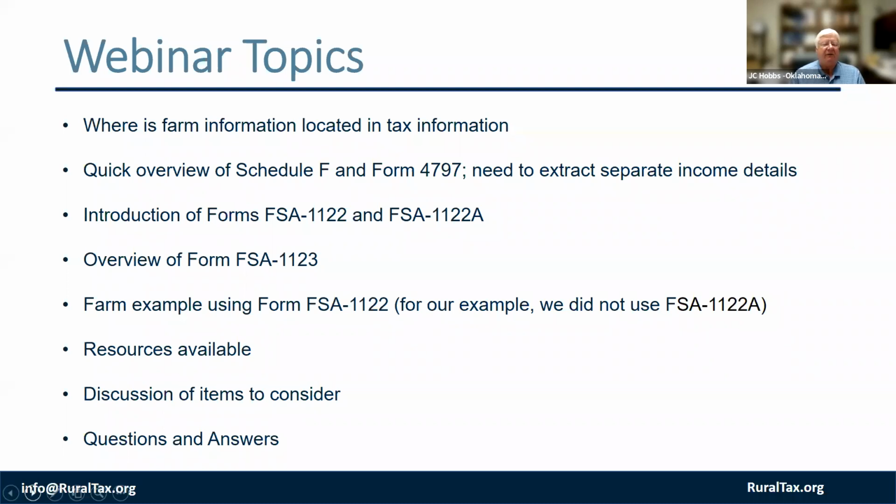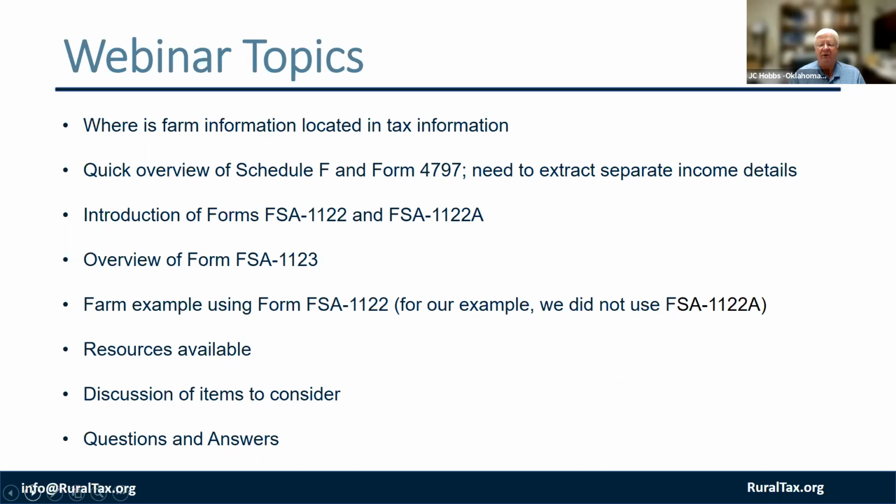Then we've developed a farm example, and in our farm example we're making sure that we met the needs of PARP. So we've got a benchmark year, then the pandemic year, how we get that information off of the tax forms, and how we get it into the FSA 1122.